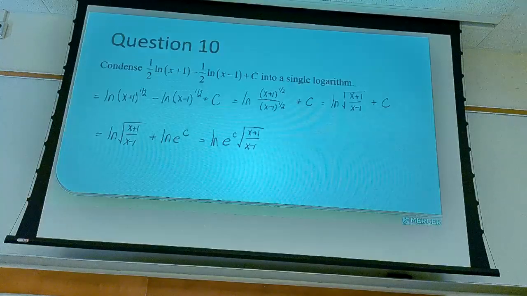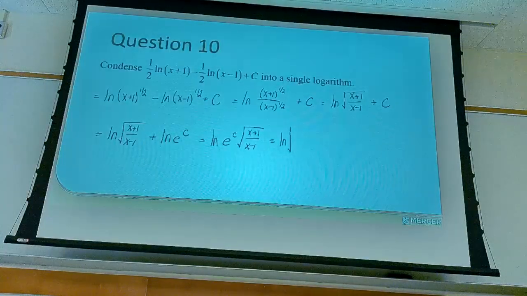Now it's a single log, right? But you know what? I still don't like that. I'm going to take out the square root and add it. I'm going to write the whole thing under a square root, e to the c times the fraction.